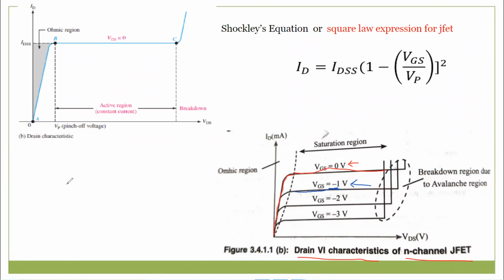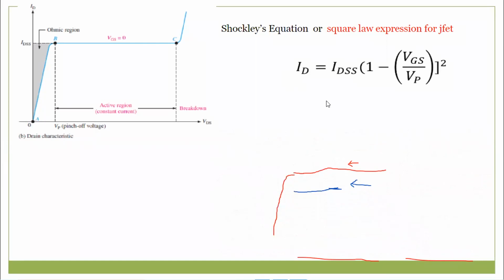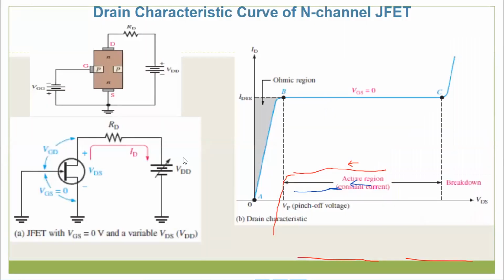Now if we observe the previous diagram, here the gate is connected with the negative, like negative is connected to the p-type material, that is reverse bias.